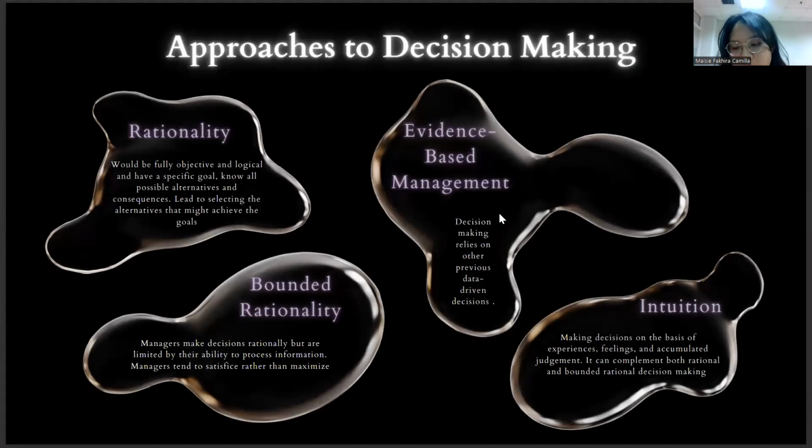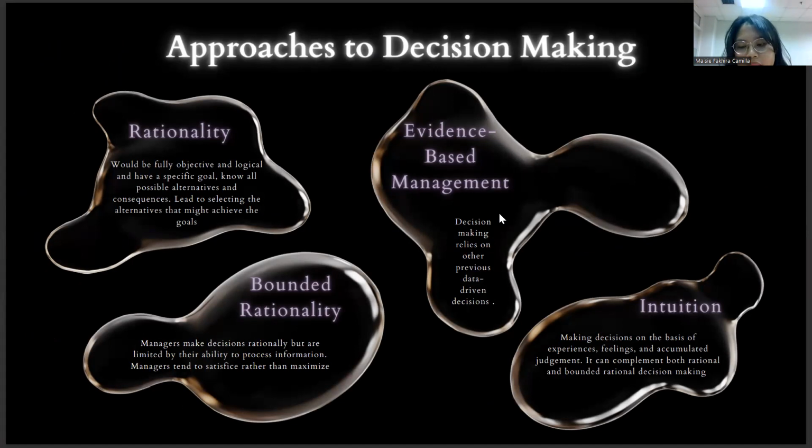Approaches to decision making. There are 5 perspectives on how managers make decisions. First is rationality. It is fully objective and logical and has specific goals. Now, all possible alternatives are considered, leading to selecting the alternative that might achieve the goals.